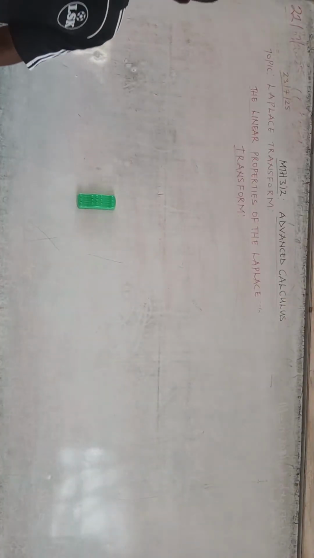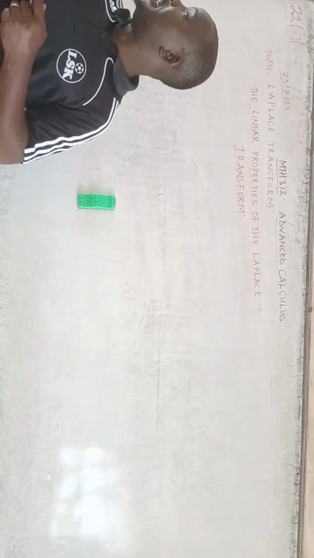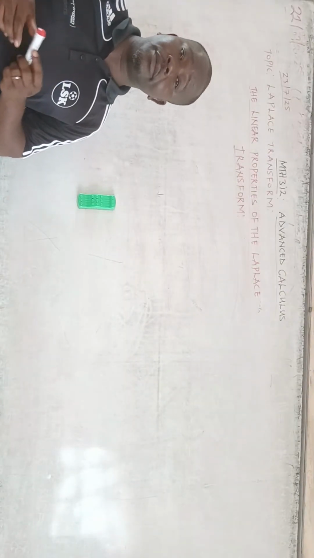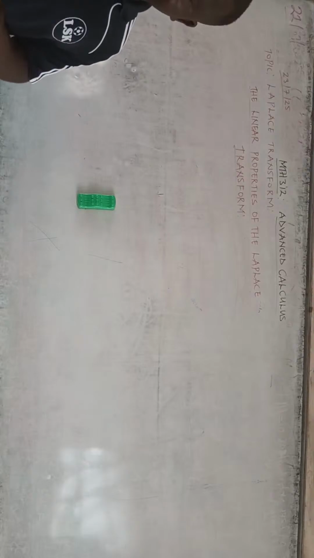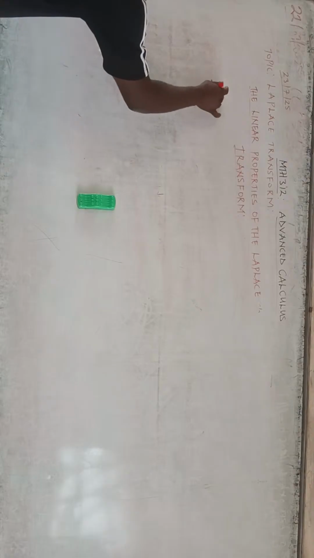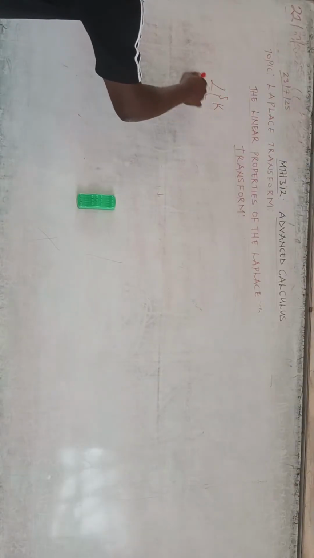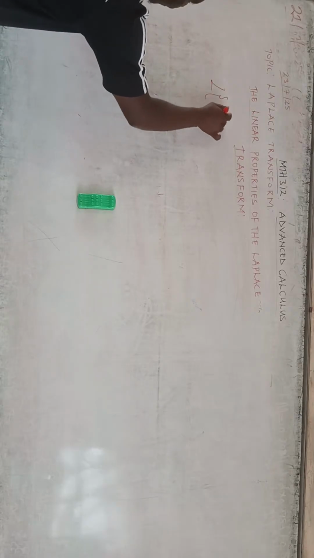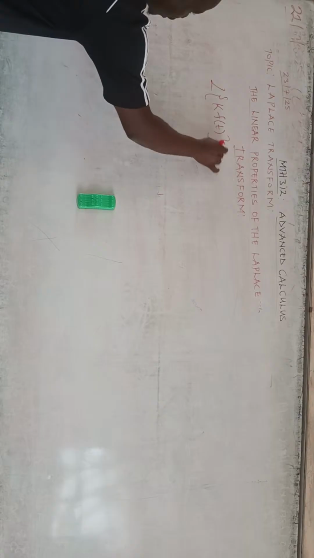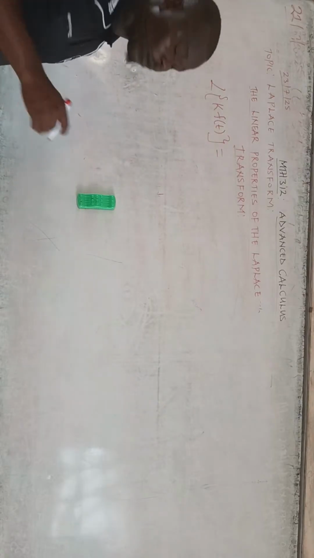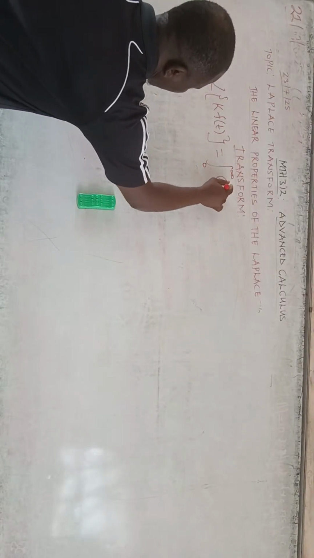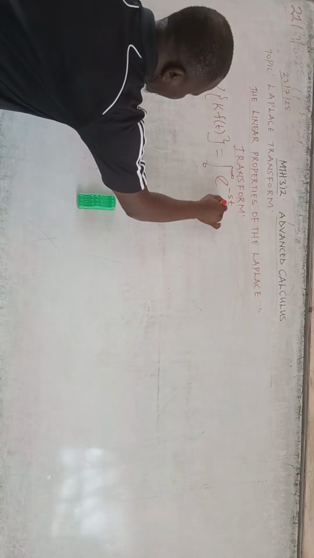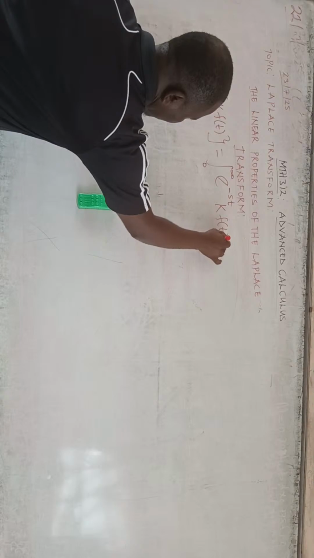It is nothing but something we have been doing as long as mathematics is concerned. We know that if we have Laplace of k f of t, this is equal to integral 0 to infinity exponential minus st k f of t dt.